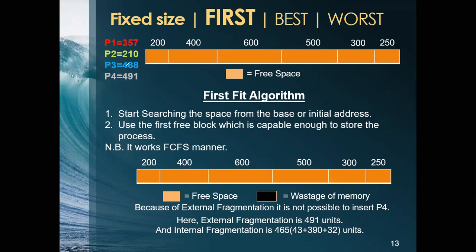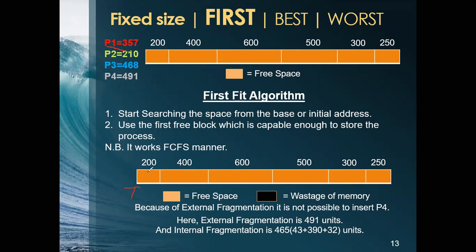So what is the approach? We search for free spaces from position 1 that is capable of storing the data. If I want to store P1, I will start searching for an empty space that is big enough to store P1, and I will stop at the first empty space.